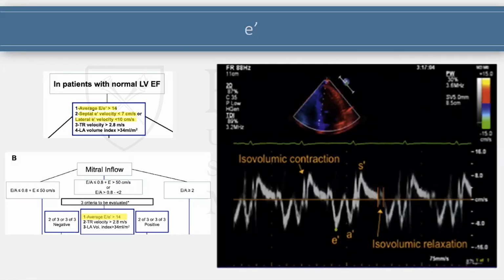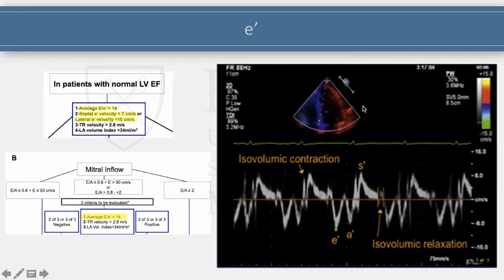So this measurement intuitively made sense to me because it's actually looking at how the LV relaxes in diastole, and it seems to be one of the more direct measurements of relaxation, which is what we think of as being a healthy diastolic period.